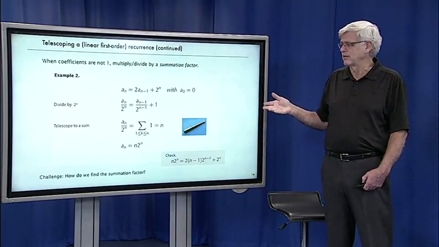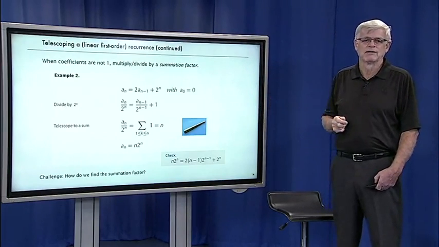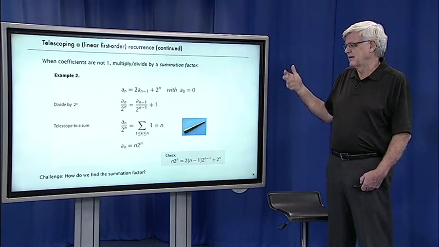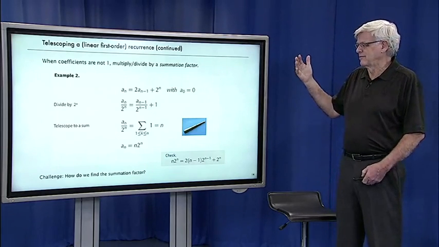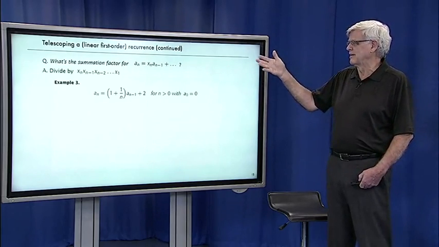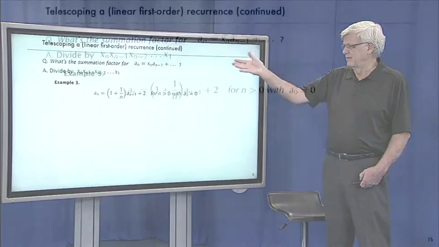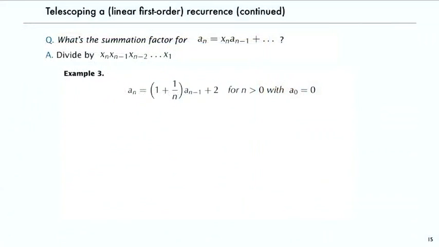But now the challenge is, how do we find the summation factor? That turns out to be not too difficult. Actually, there are 2 different ways, but the main one that we're going to use is shown right here, and it works even when the coefficient is not a constant, but some sequence.